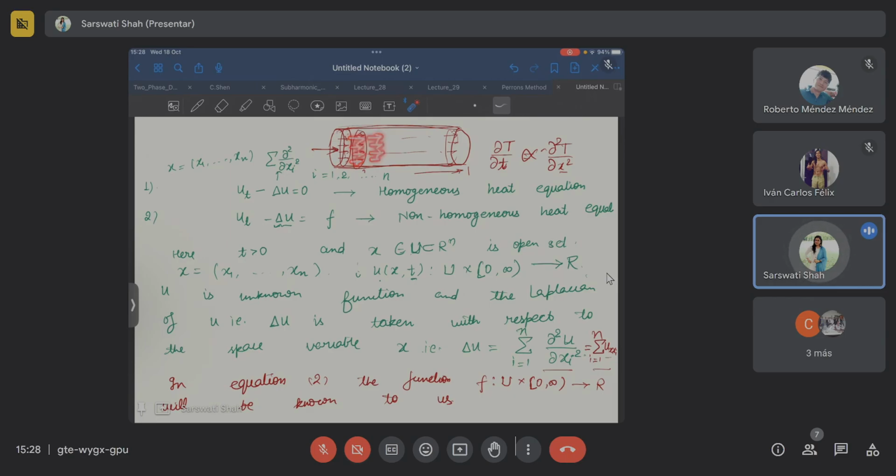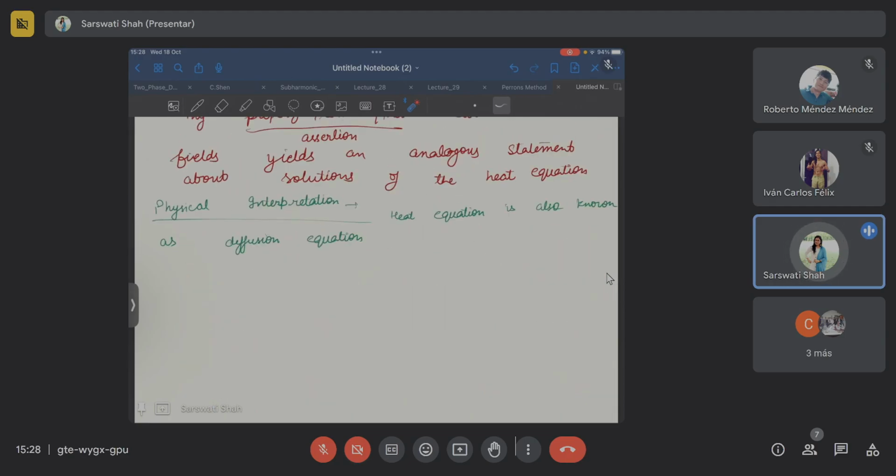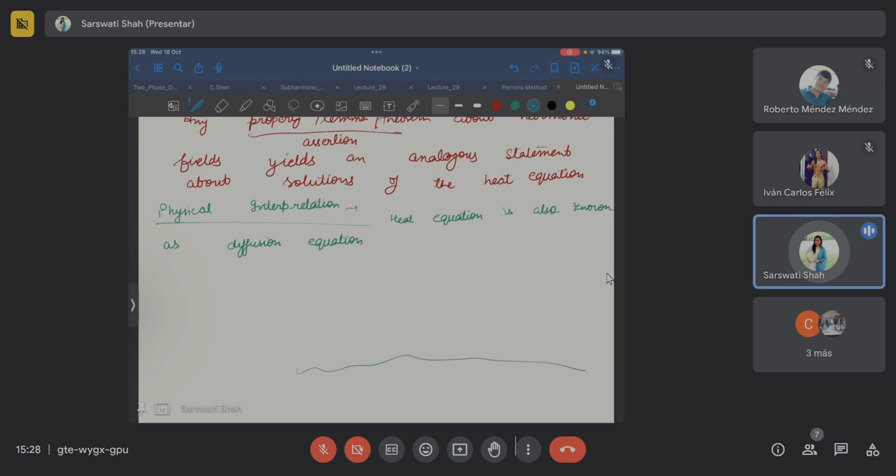In the same way, suppose you take a color pollutant, and this is the river, and you drop the color pollutant on the surface of the river. So what will happen? This color pollutant will transfer here and then to the next portion, then again to the next portion.